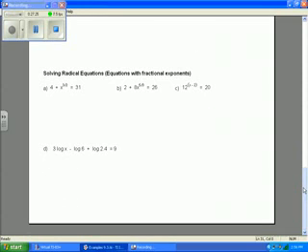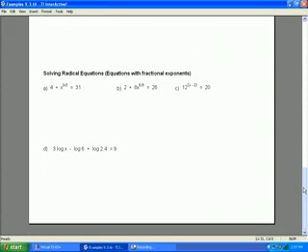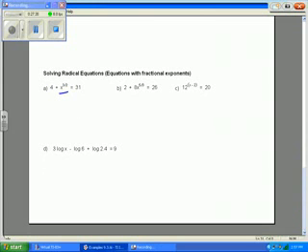So let's now go down to these ones below that we did not get finished. I like this last section because it kind of puts them all together. It gives you this one type with the fractional exponents. Remember, once you isolate this, to get rid of that fractional exponent, you need to raise the power to its reciprocal power.